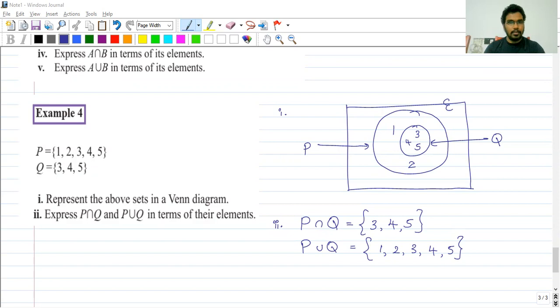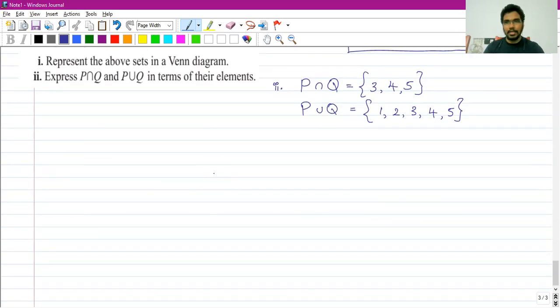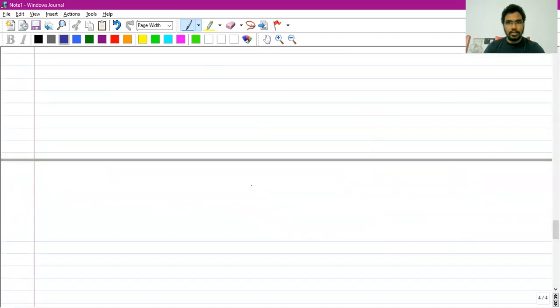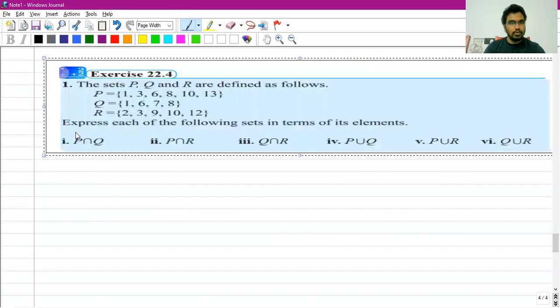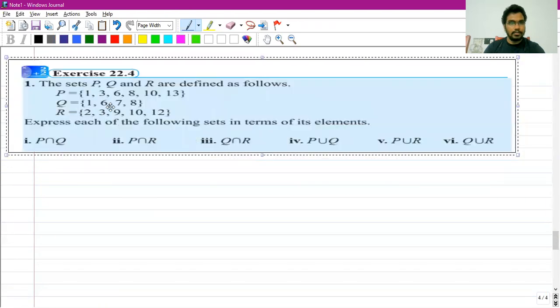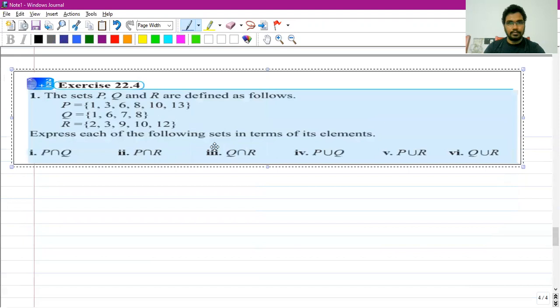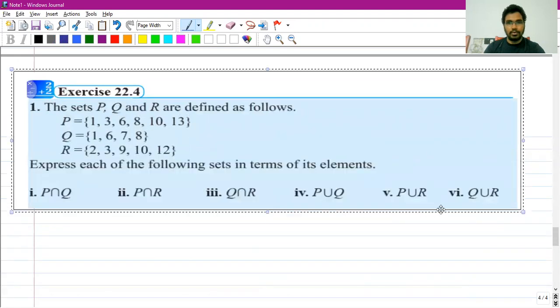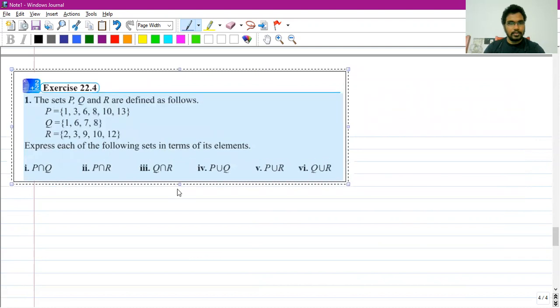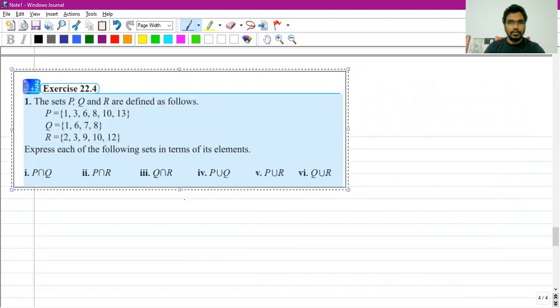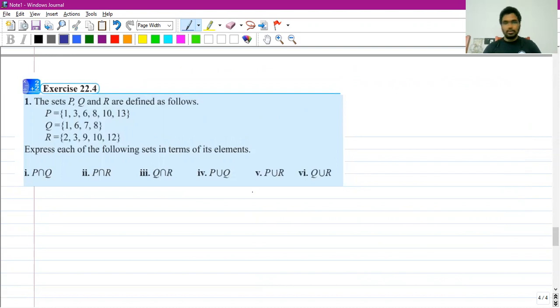By doing this question, you can get a better idea of what intersection and union are. So you can pause this video and try to do this question. Now I will discuss the answers.